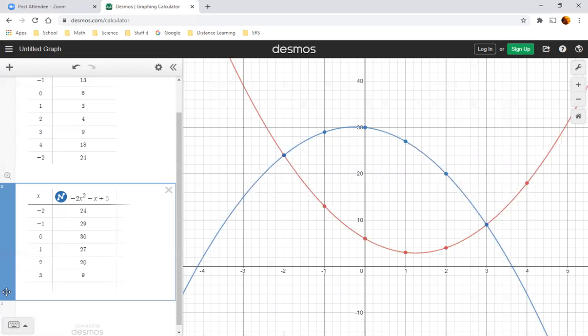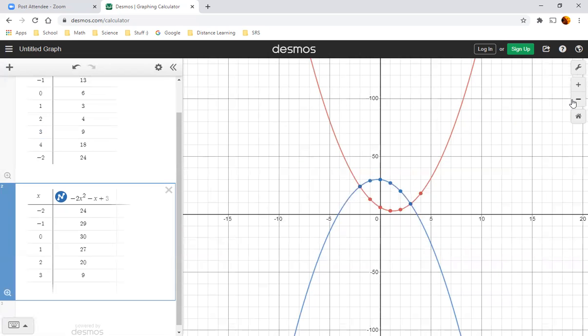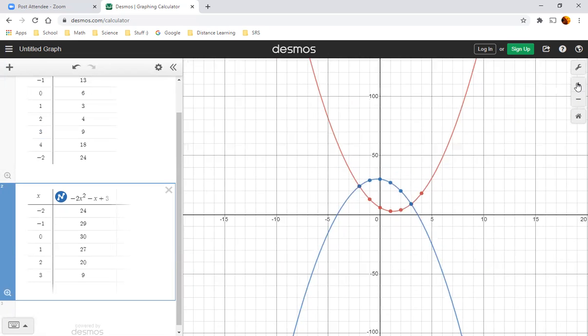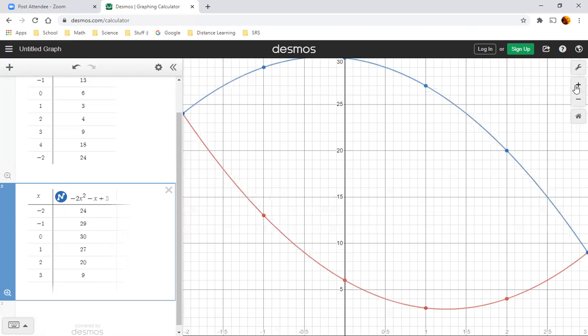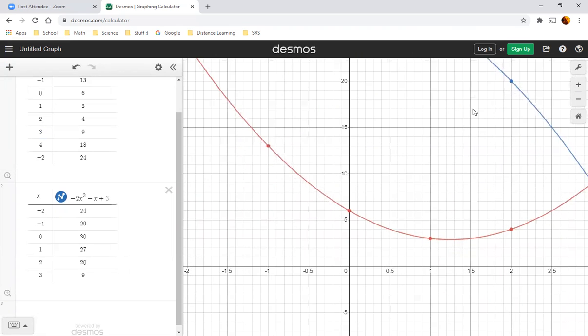Oh, it still looks weird. Your guys' doesn't look like that? I mean, mine's kind of like that. Skinny. Oh, I changed my X. So that's what happens.